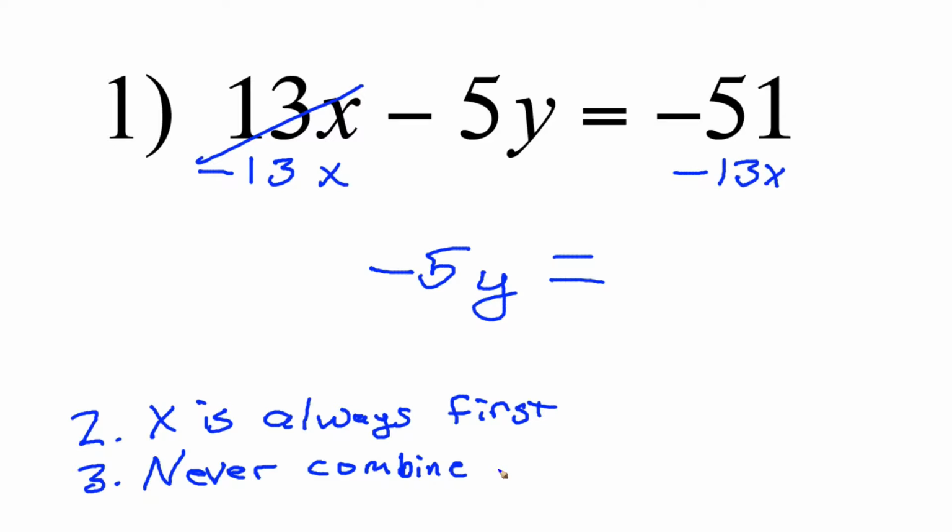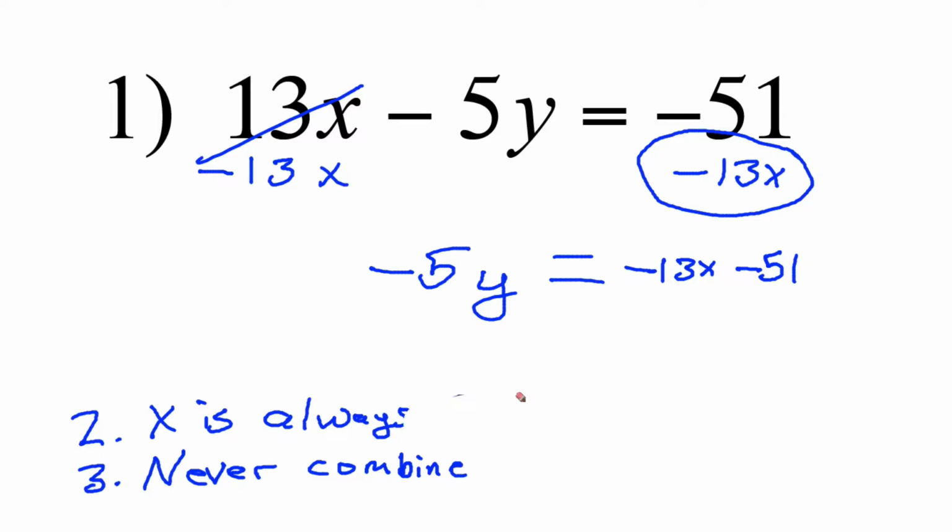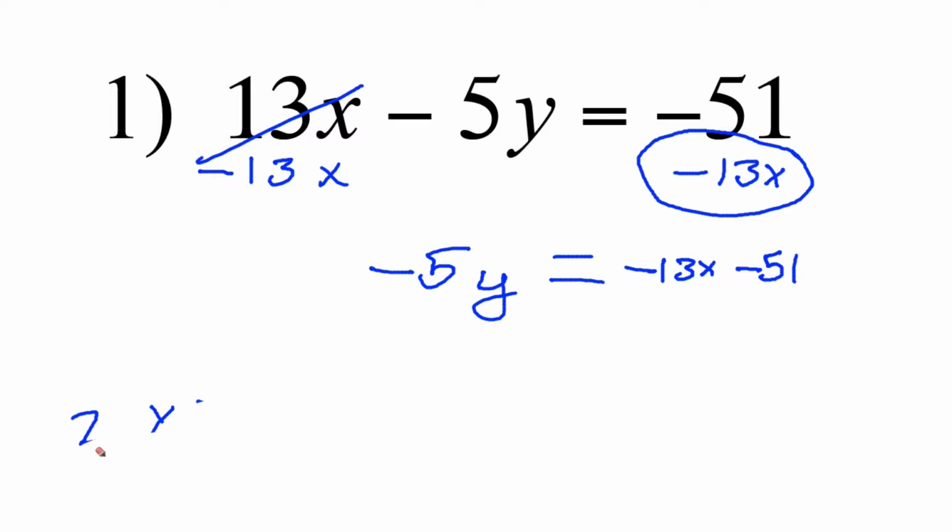So that means we're going to take x and put it first, and then we have the negative 51 after. And that's what step 3 says, never combine those two. Always keep them separate. Now let's keep moving on.